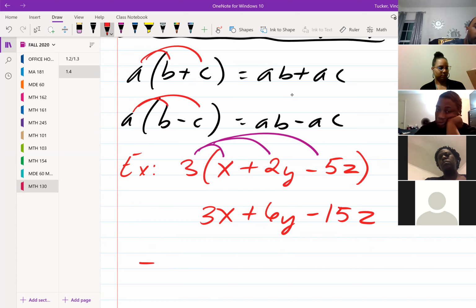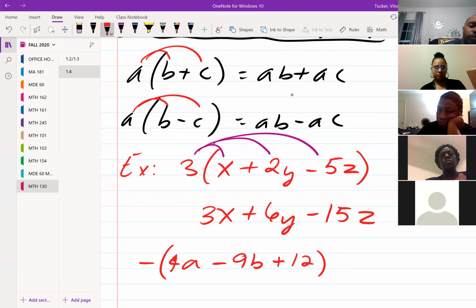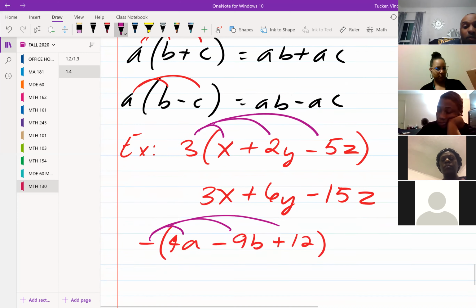If I have a negative sitting out front of a parentheses, that minus sign needs to be distributed in the same fashion as if that was a regular number.